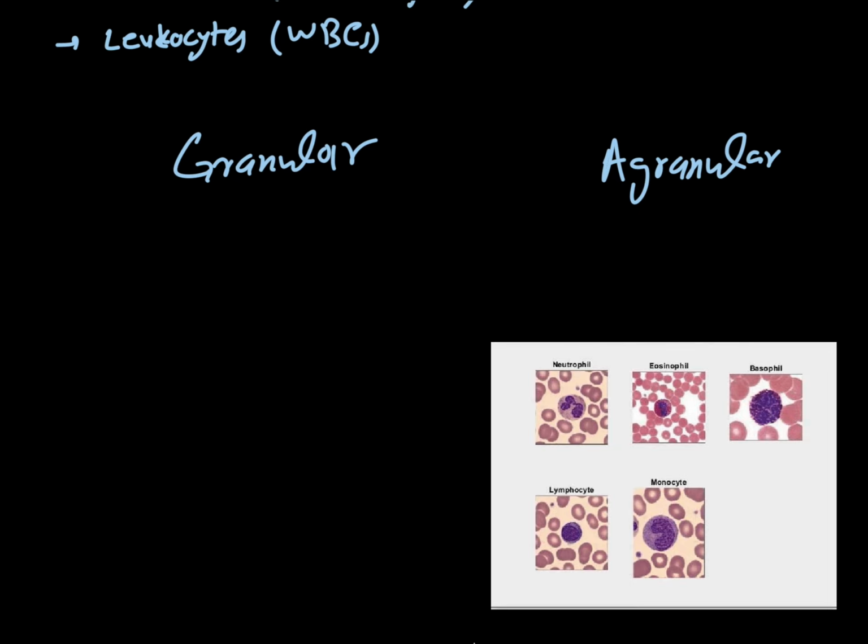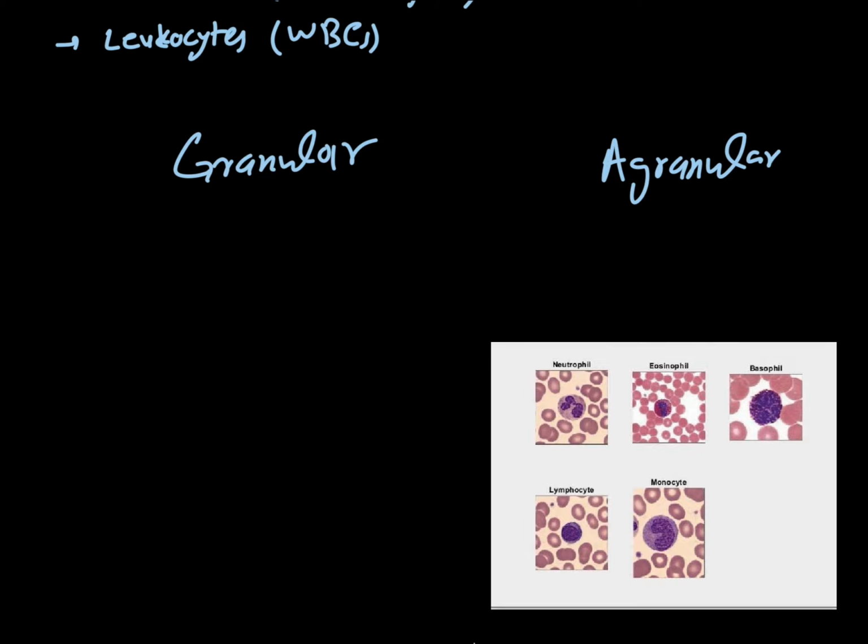These granules are packed with enzymes and toxic substances that help destroy pathogens quickly. Right? When a pathogen enters our body, degranulation occurs. These granular leukocytes release their granules. These granules have enzymes and toxic substances and chemicals that will digest the pathogen, destroy the pathogen quickly.